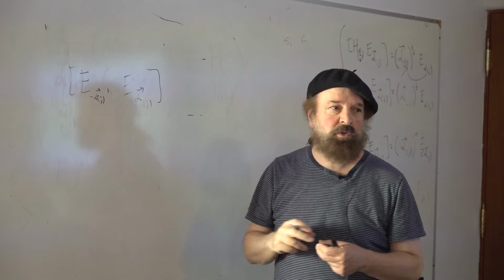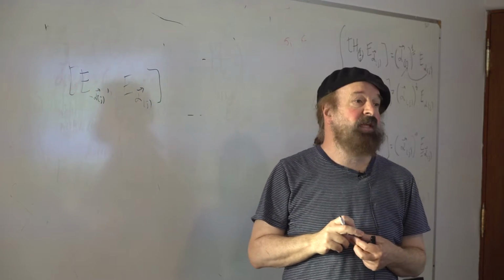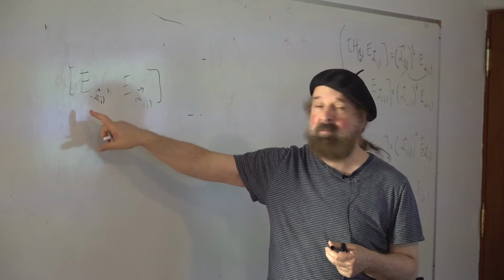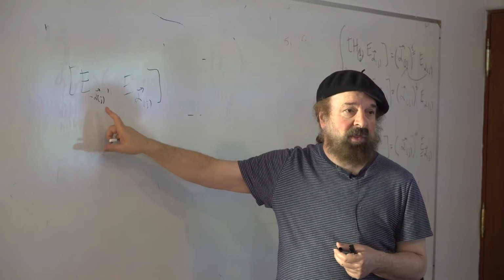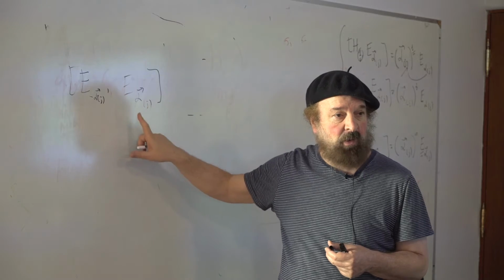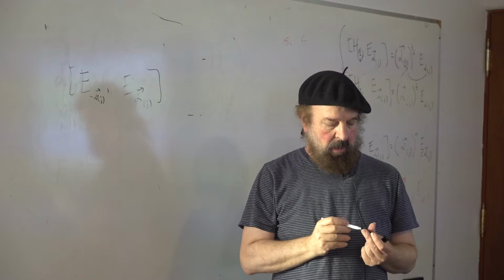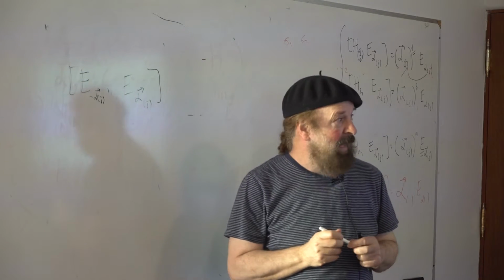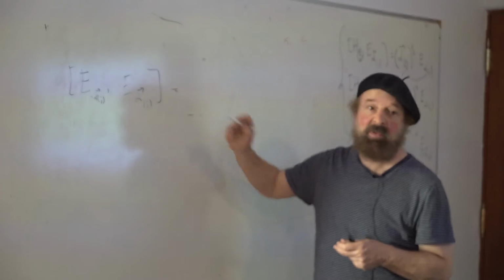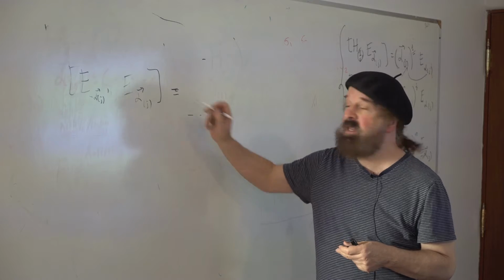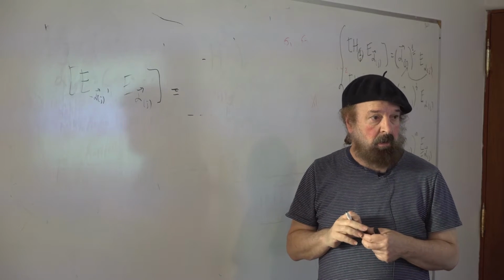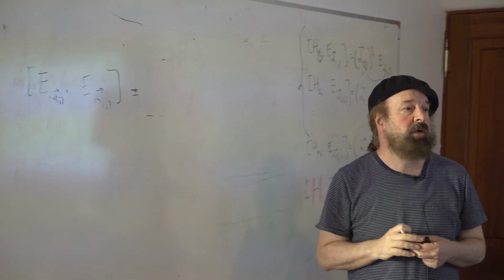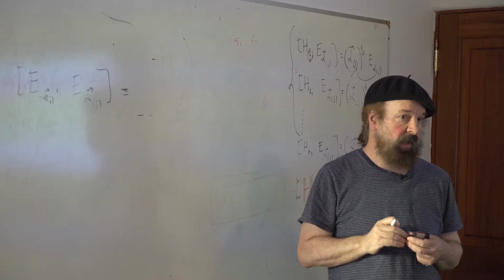And then I'm going to take the commutator of the generator associated with minus alpha with the generator associated to alpha. That commutation relation is going to be given by a linear combination of your Cartan basis generators.